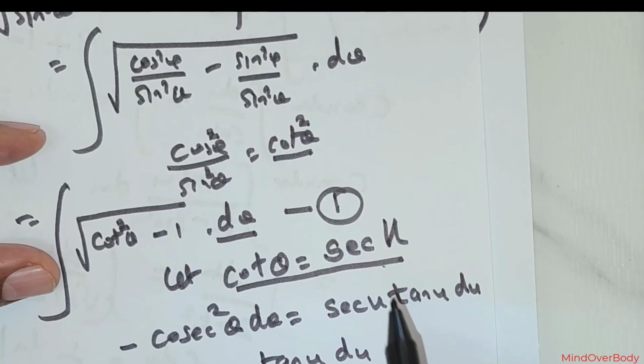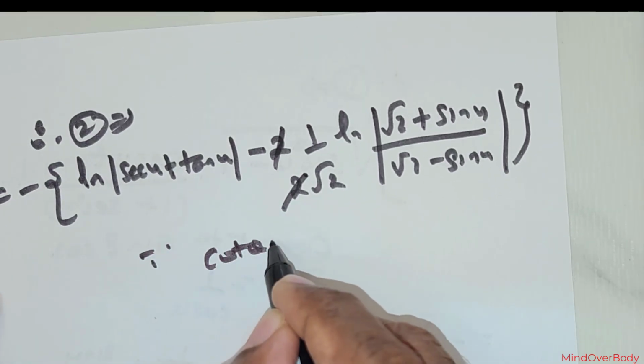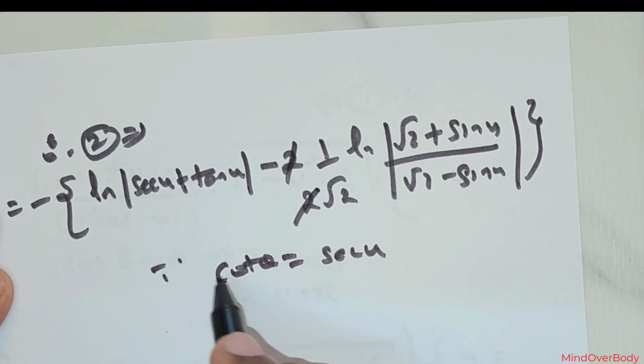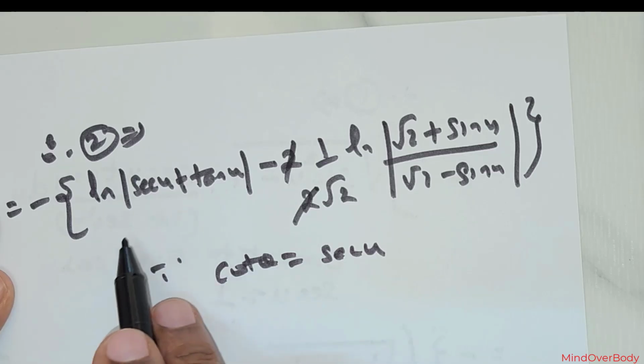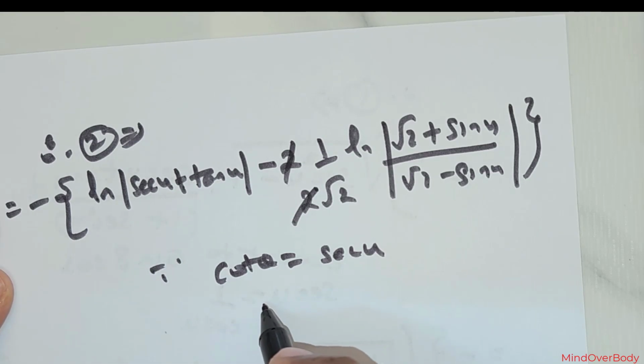See here, cot θ is equal to sec u. Since cot θ is equal to sec u, we will have to bring everything to this cot θ. That's reverting it back. Now, as I mentioned to you, tan u has to also be reverted back.